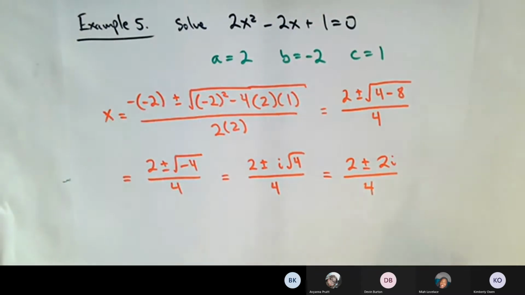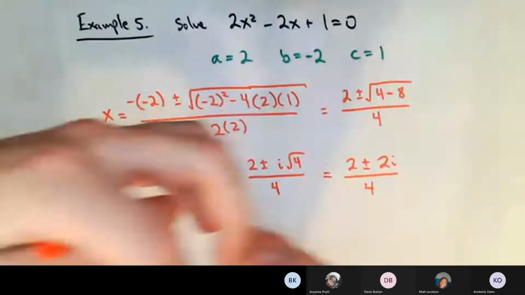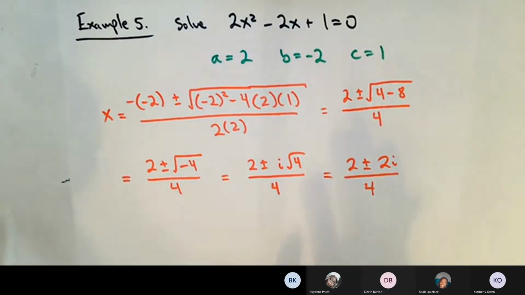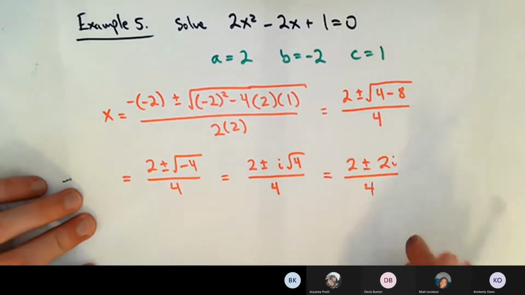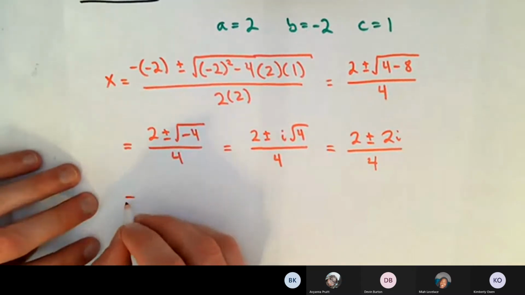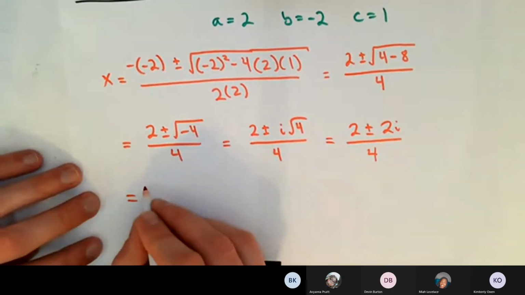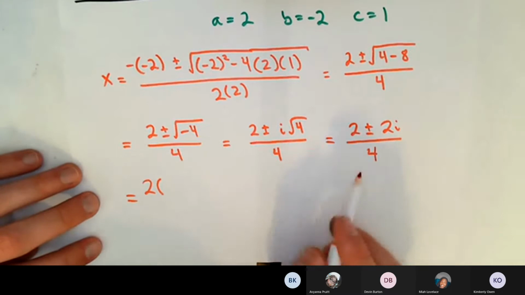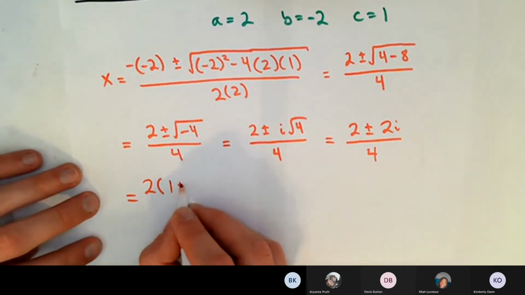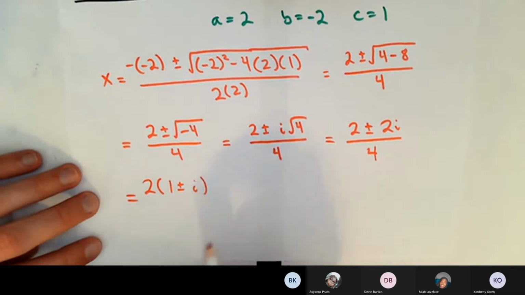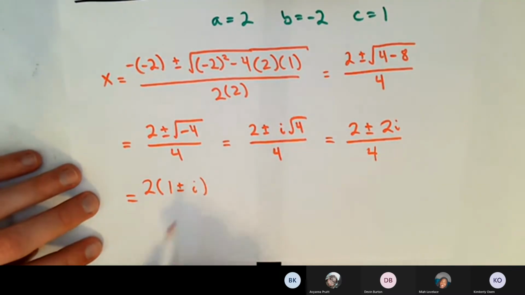Now, since both of these have a 2, I can factor a 2 out. And why would I want to do that? Well, because 4 has a factor of 2 as well. So I can clean this fraction up a bit by factoring a 2 off of the numerator. So instead of 2 plus or minus 2i, I'm pulling a 2 off of both of those, and they're both going to just turn into 1s. So 1 plus or minus 1i.